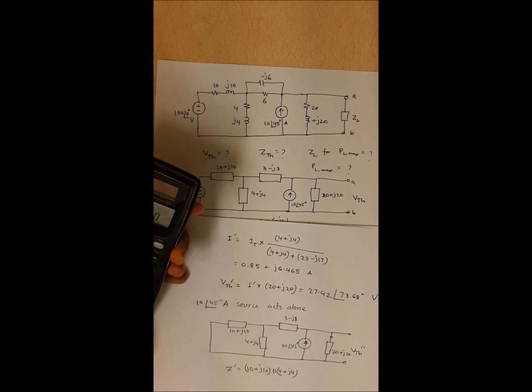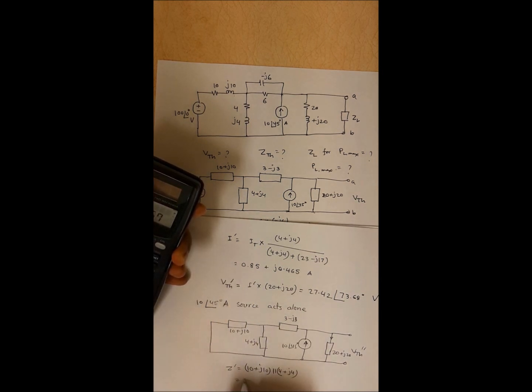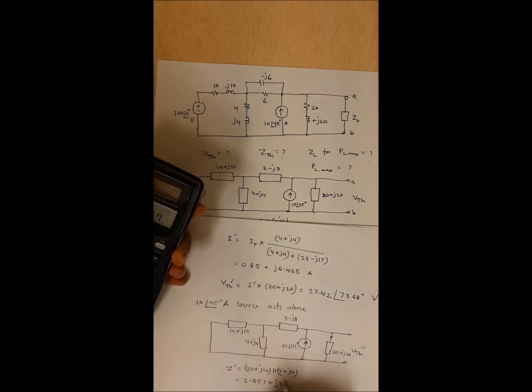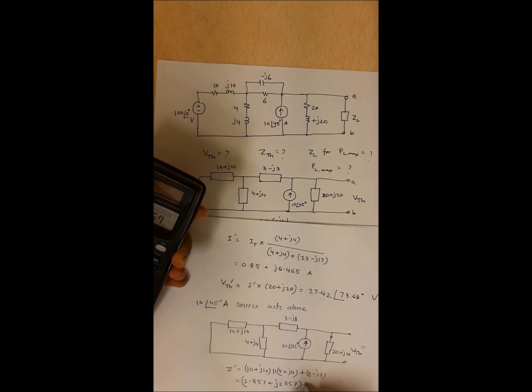So that gives us 2.857 plus J2.857, and that is in series with 3 minus J3. So that gives us 5.857 minus J0.143.